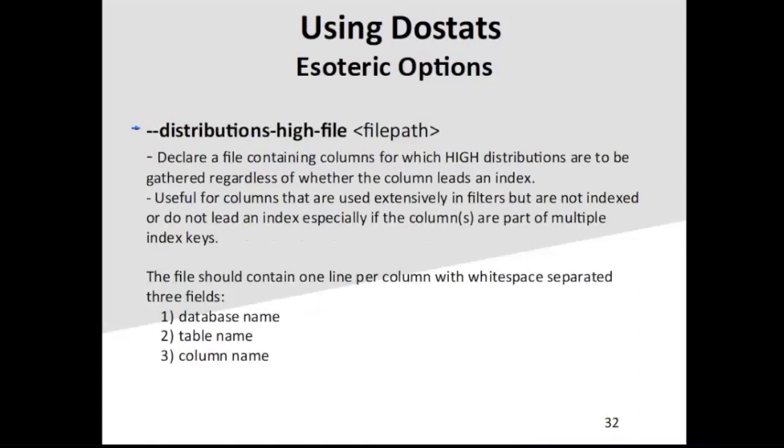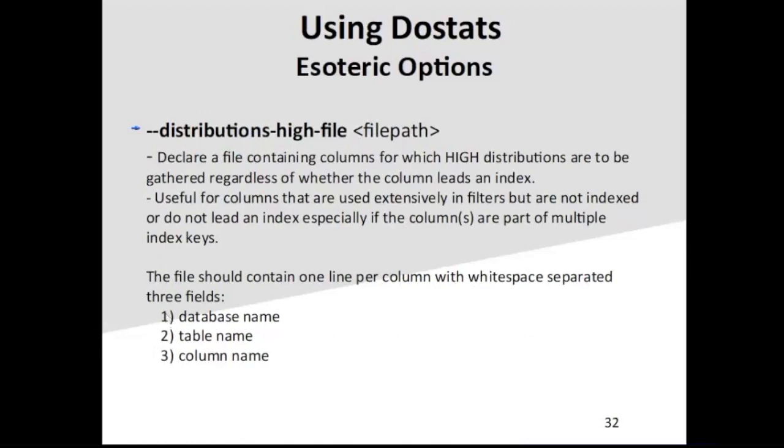So for them, we have this option. Dash dash distributions high file lets you specify the path of a file that contains a list of columns that have to get high no matter what. So Dostats will add those column names to its list of columns to do as high and remove them from its list of columns to do as low during its analysis phase.